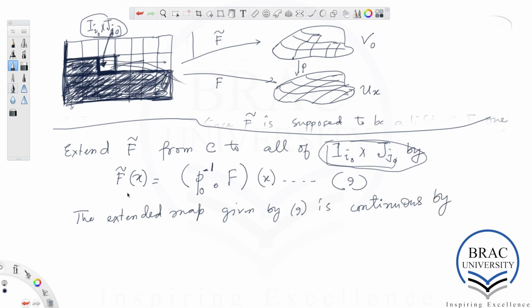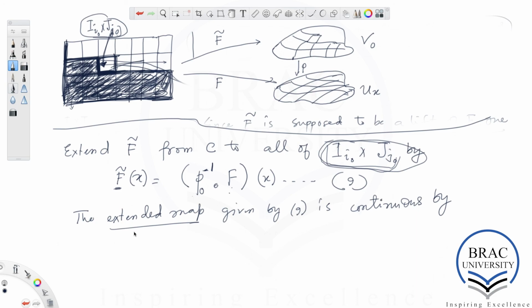by, not this map. So this map is continuous using the fact that it's a composition of continuous maps. But this is just a continuous map on one rectangle. So you can glue all these continuous maps to form this extended map f tilde on the whole of I cross I, and this is guaranteed by the pasting lemma.